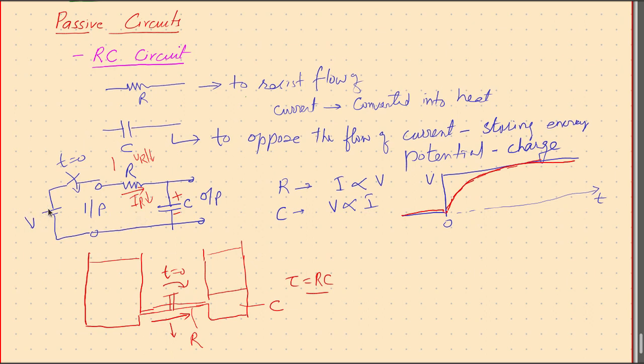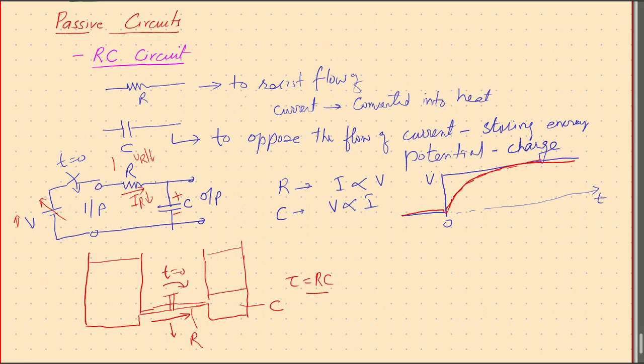Now let's assume that this keeps changing. Then what would happen? So this has reached the voltage V, and there is a little increase. That little increase will increase the voltage here.